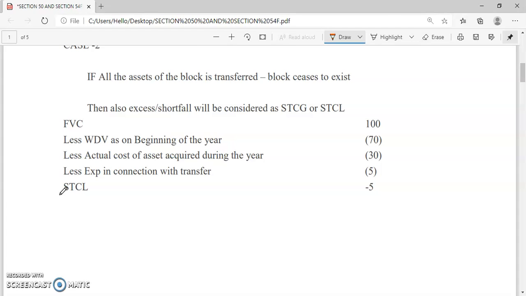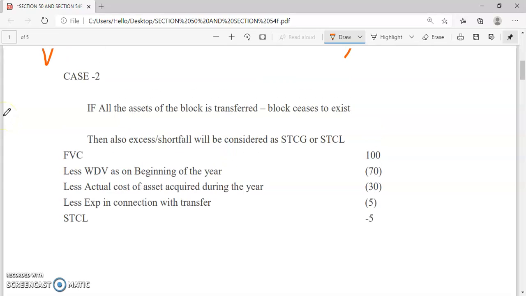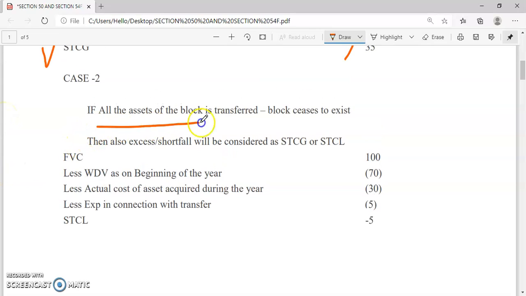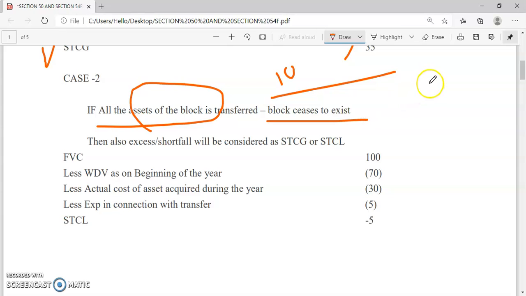The next case is, for example, 10 assets in a block, and all the assets of the block are sold. For example, 10 assets in a block and all 10 assets are sold, then the block ceases to exist. There is no block for this asset as all the assets are sold. Then also the excess or shortfall will be termed as a short term capital gain or a short term capital loss.